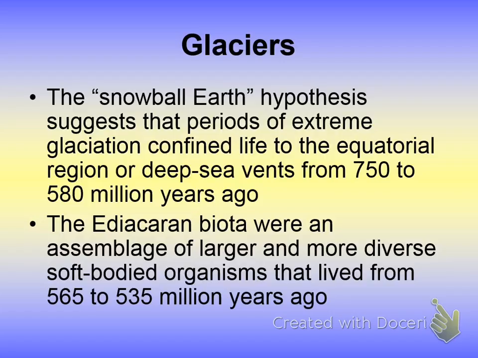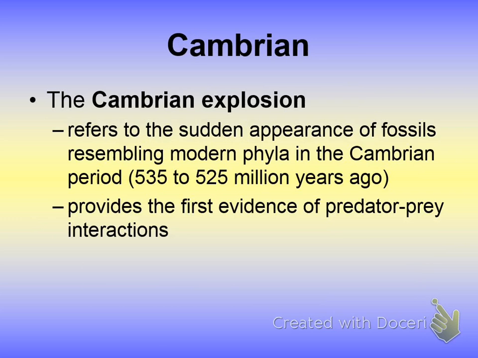So we have a glaciation, the Earth becomes cold, most of it's covered with really cold areas, and it kind of set everything back again. It was going, but then it kind of slowed down. The Cambrian years were a little bit past this. We get the Cambrian periods, and modern phyla start to be produced.